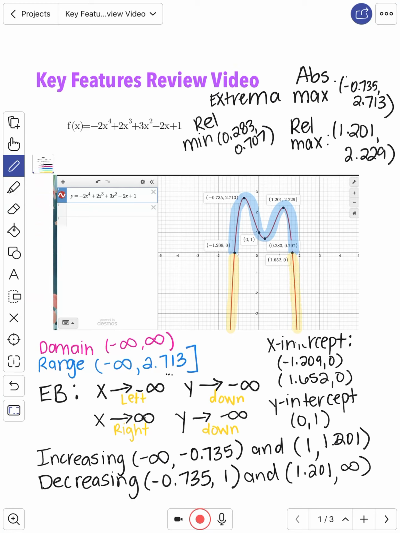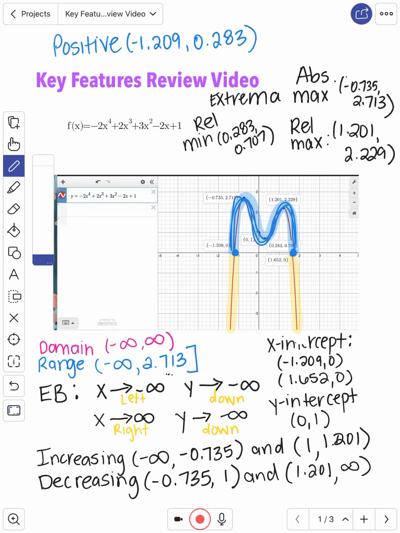So when we say that, we've just got to state it in such a way that represents that with an interval. So positive starts at this point. The x value for that is negative 1.209, and it continues to be positive until 0.283. That whole range right here, that's all positive. Those x values in that range.